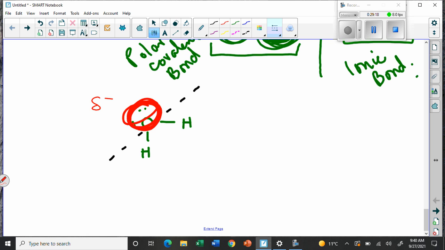On the other side, where we have hardly any electrons hanging out because they're being hogged, that leaves us with a sigma plus, or a little bit of a positive charge. Okay, so this is the essence of the polar covalent bond.